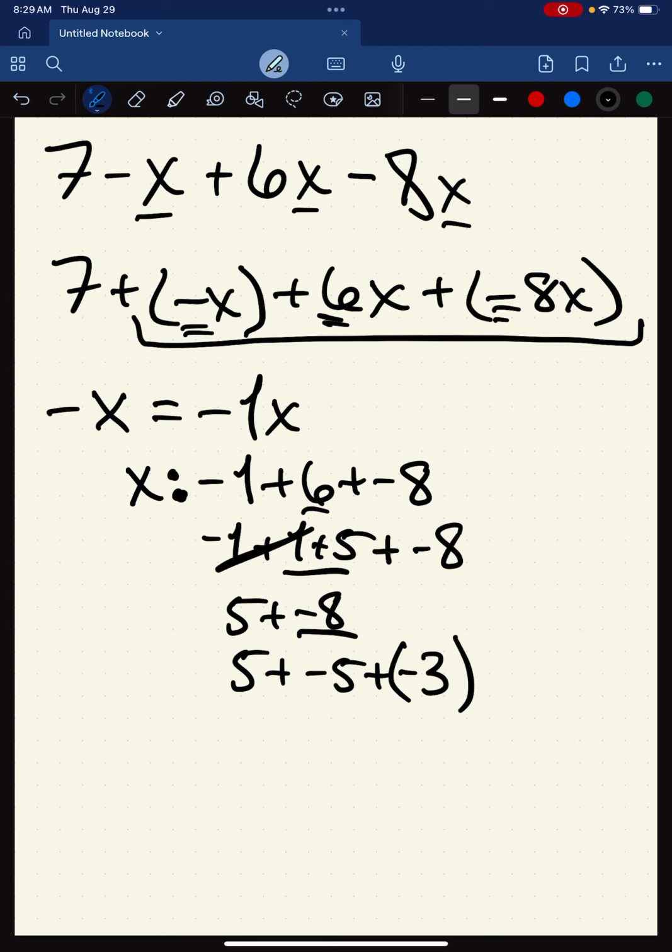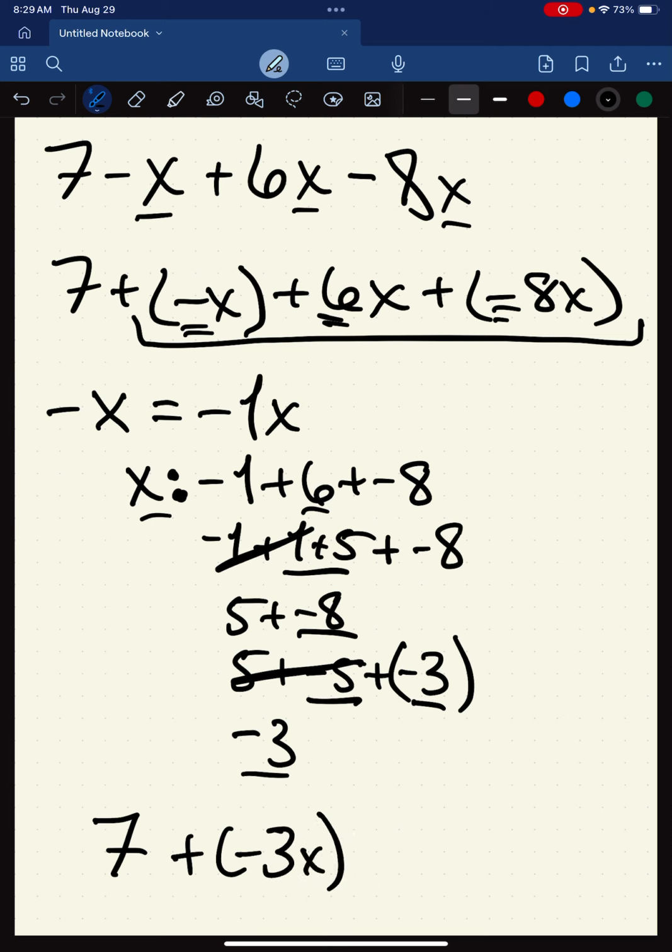Because to go 8 units to the left, we need to go 5 units to the left plus 3 units to the left. These 5s cancel out to 0, and we're left with negative 3. So we have negative 3x. So now we have 7 plus negative 3x. Or if you want to write this in terms of subtraction, 7 minus 3x.